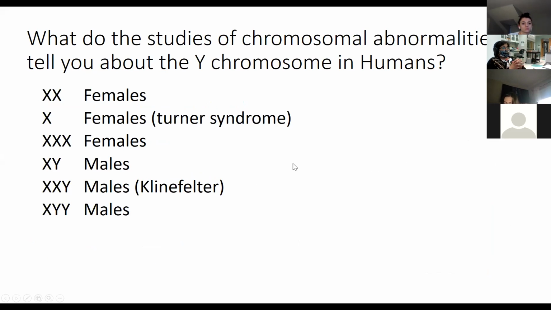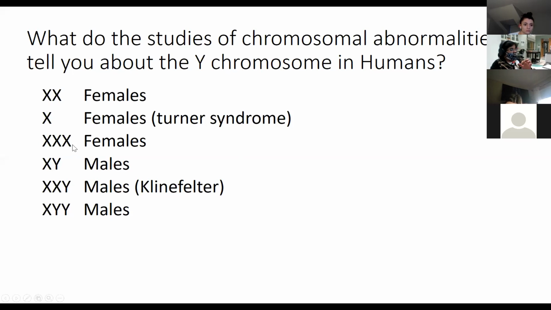So what do the studies of chromosomal abnormalities tell you about Y chromosomes in humans? We have a bunch of scenarios here, right? We have XX, which are females, X, which is X with no other chromosome. That would be Turner syndrome in females, but they're still females.